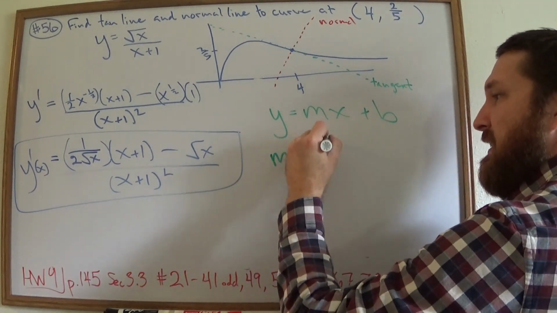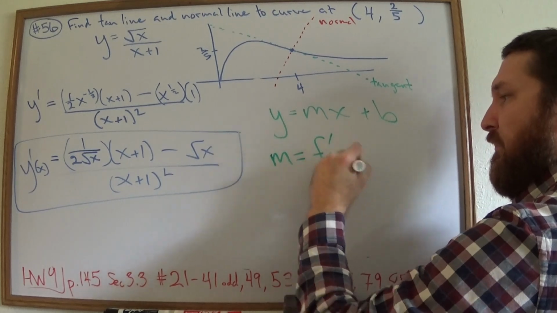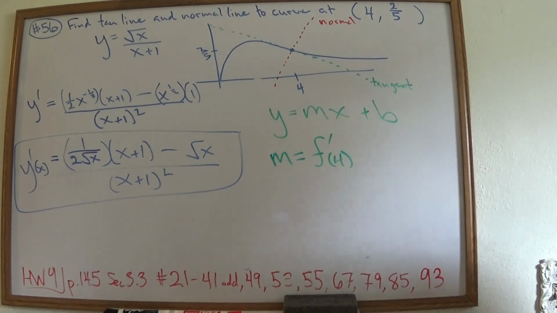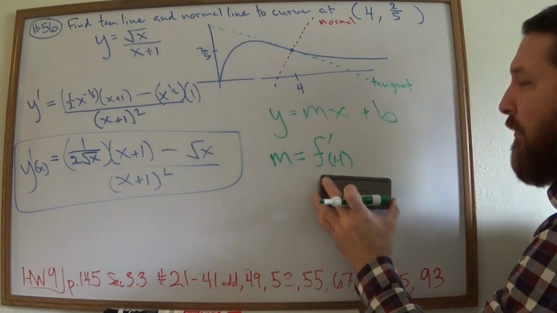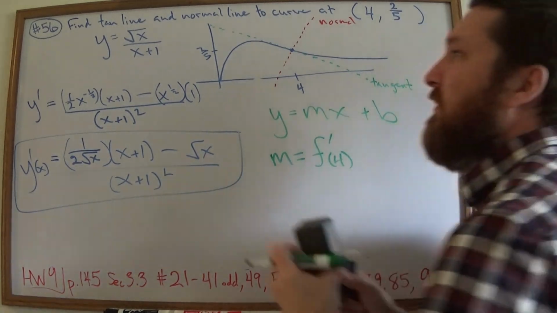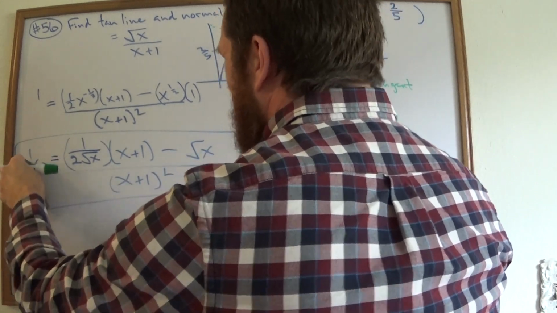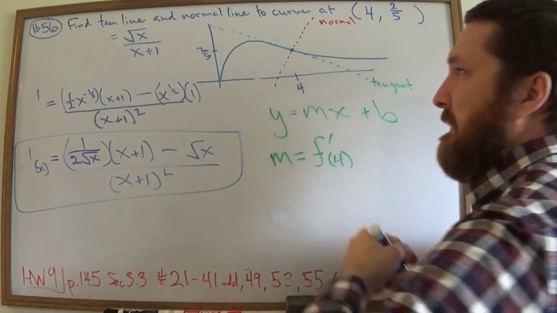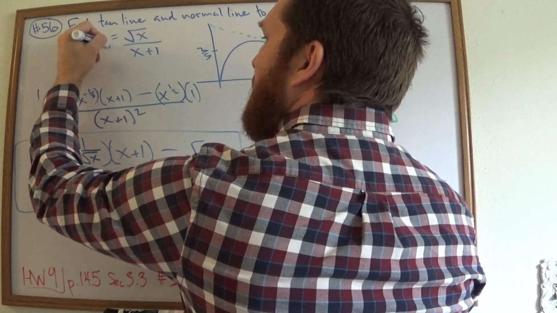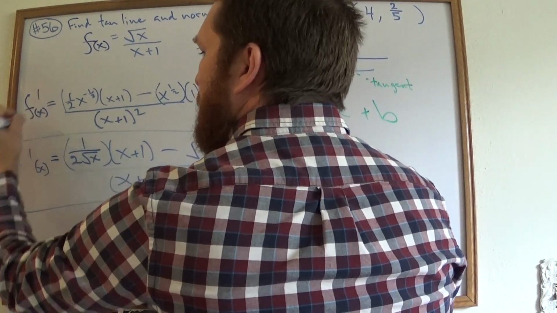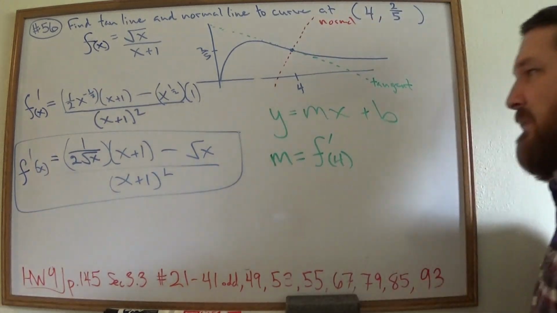So m in this case is equal to f prime of 4. Oh, sorry, y prime. Sorry about that. Let's call this f so that we're not dealing with different y's. So let's call this f of x. So then f prime of x would be that.